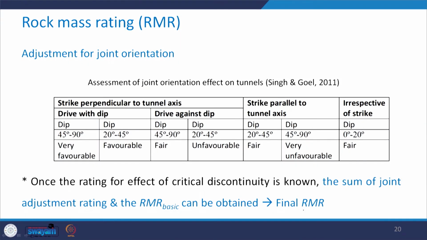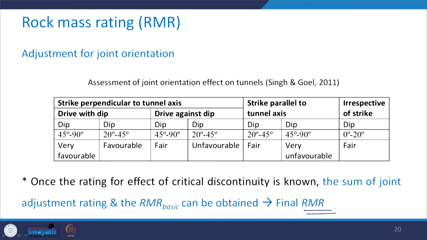Another question before we get the final RMR value: how do we decide whether the joint is favorably oriented or unfavorably oriented? Here is some guideline that is given in this table with reference to the tunnels.